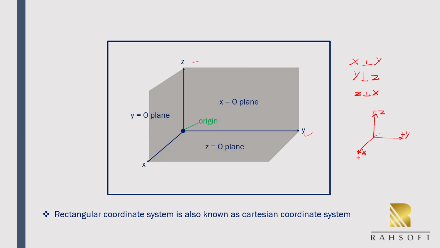If I extend this axis, it will be the minus x-axis, and if I extend in y, this axis will be the minus y-axis, and if I extend it in z, that will be the minus z-axis.